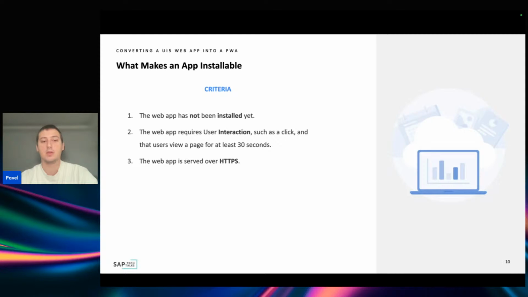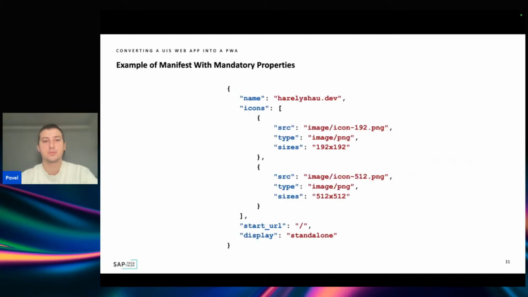And the next point is that our application should contain a web manifest file, which sets up almost all properties for our progressive application. And let's see how we can set it up in this file.